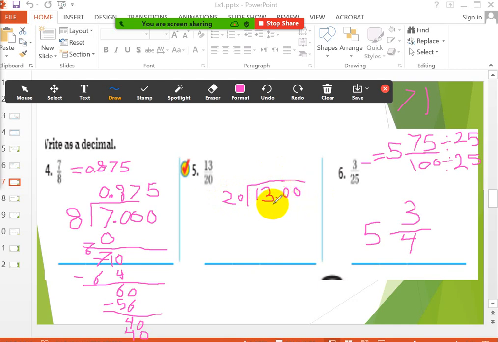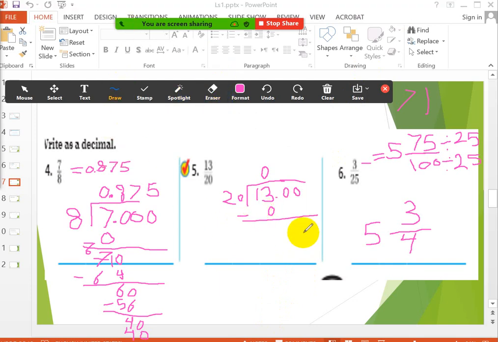Then I will start. Can I divide 13 by 20? No. So it will be 0 in the ones digit. Okay? 0 multiplied by 20 equals 0, as we learned in the division. And then I will subtract.